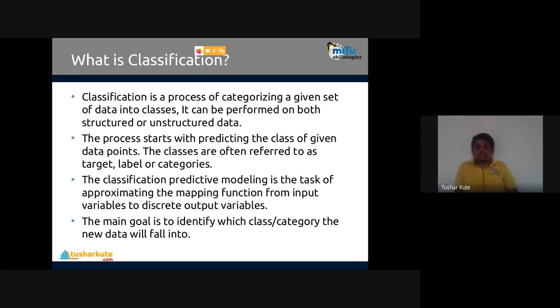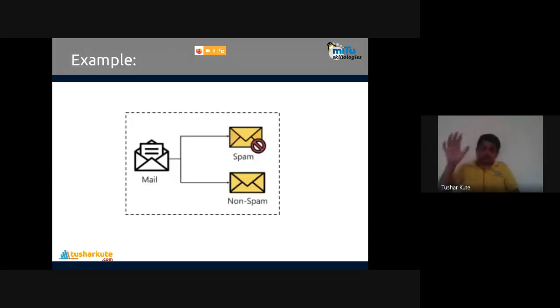Classification predictive modeling is the task of approximating the mapping function from input variables to discrete output variables. Discrete means a fixed set of values. The main goal is to identify which class or category the new data point will fall into. For example, with a data set for diabetes prediction, classification will identify whether you have diabetes or not.